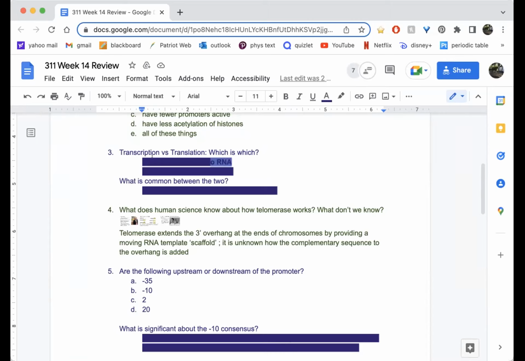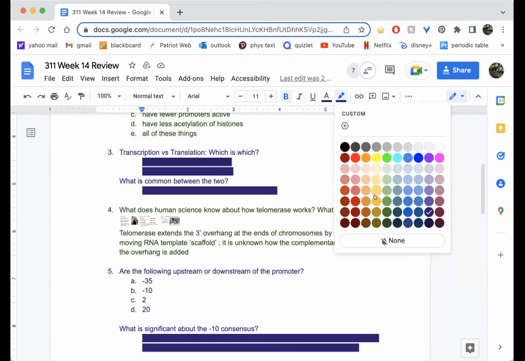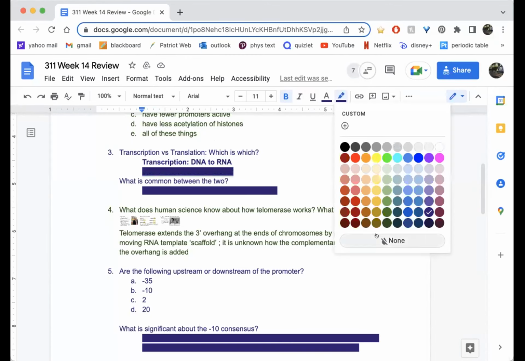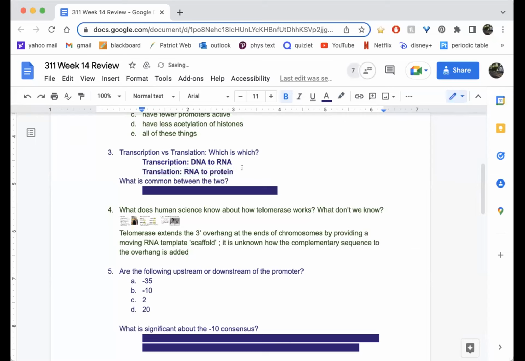Yeah, transcription is DNA to RNA, and then translation is RNA to protein.